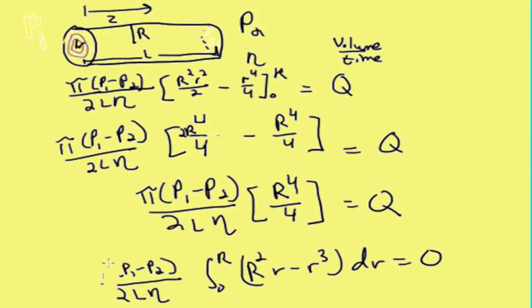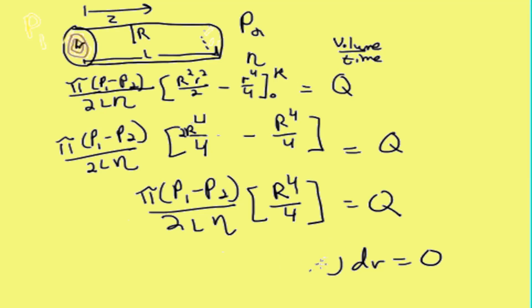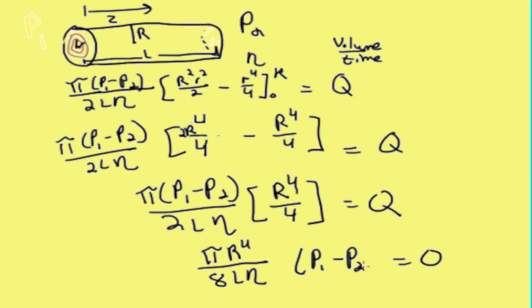And then what we can do is rewrite this and do a little bit of talking. So 4 times 2 is 8. So what we can do is pi R to the 4th all over 8L eta times (P1 minus P2).